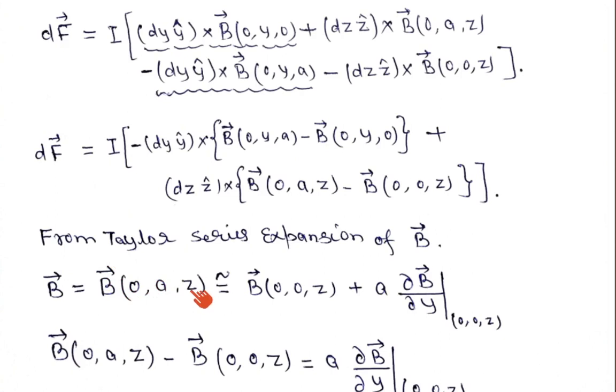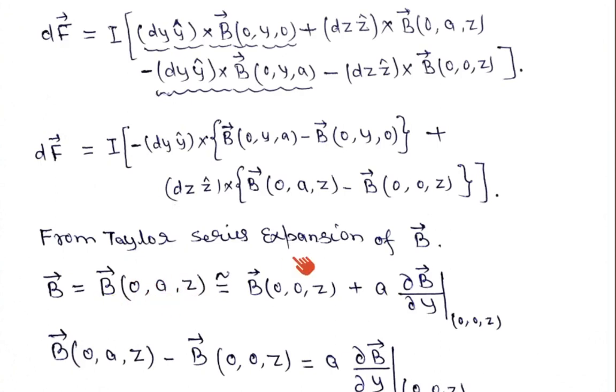This can be done for the y component. Similarly, we can do it for the z component also. If we change that, for y, it will be 0, y, and here a, so that will be for the y component. So this is for the 0, a, z position, and similarly we can calculate the 0, y, a position.